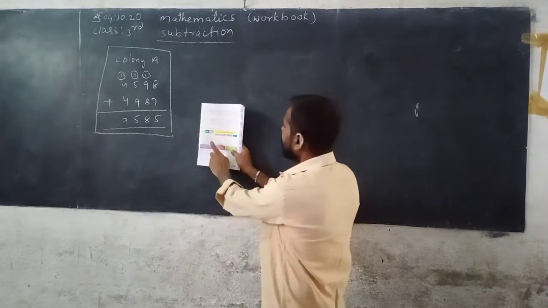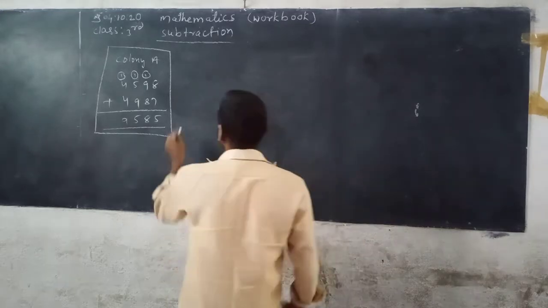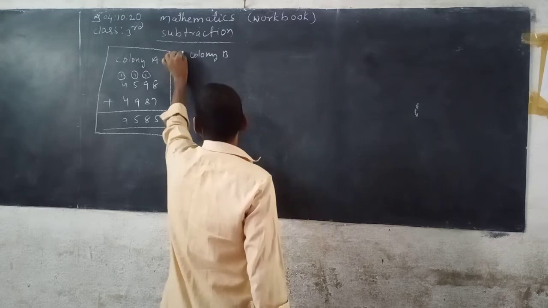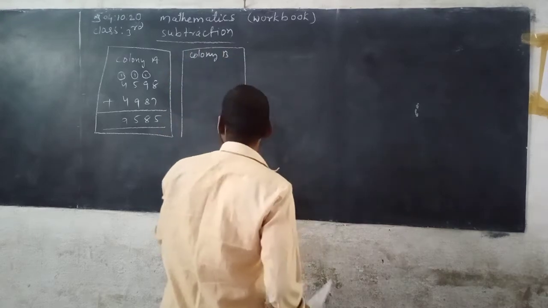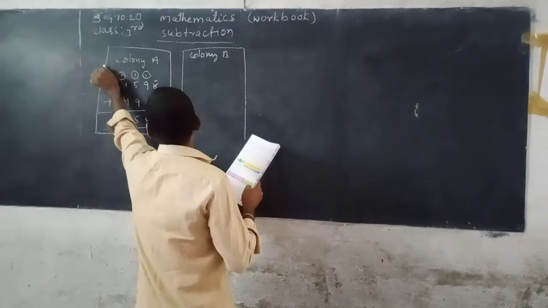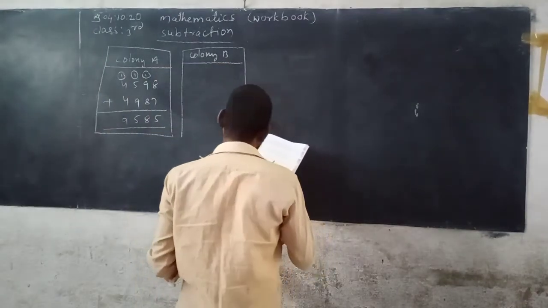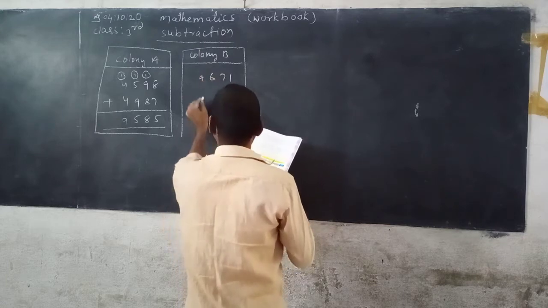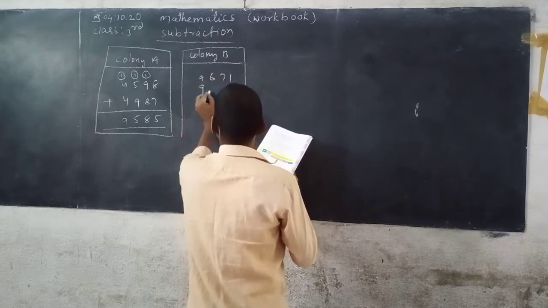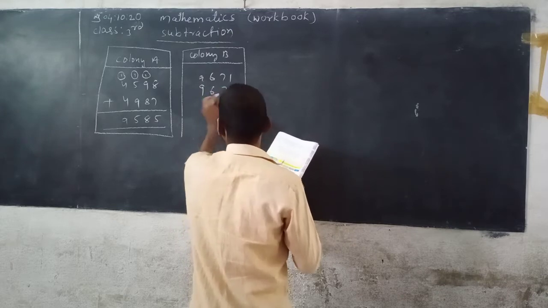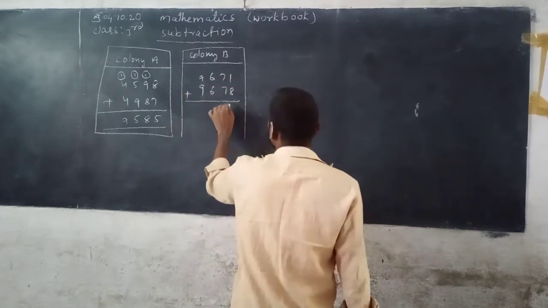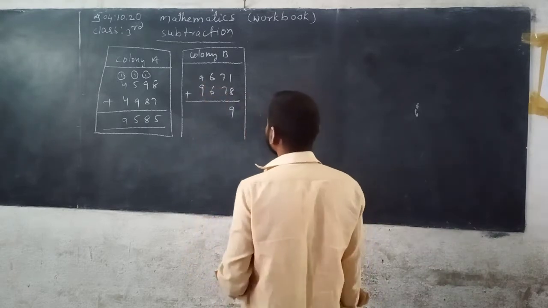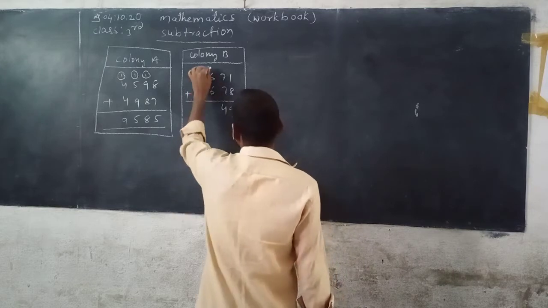Now next colony B. Number of men 9,671, number of women 9,678. First we add the digits in ones place. 1 plus 8, 9. Then the tens place: 7 plus 7, 14. 4 taking, 1 is carried over to the hundreds place.